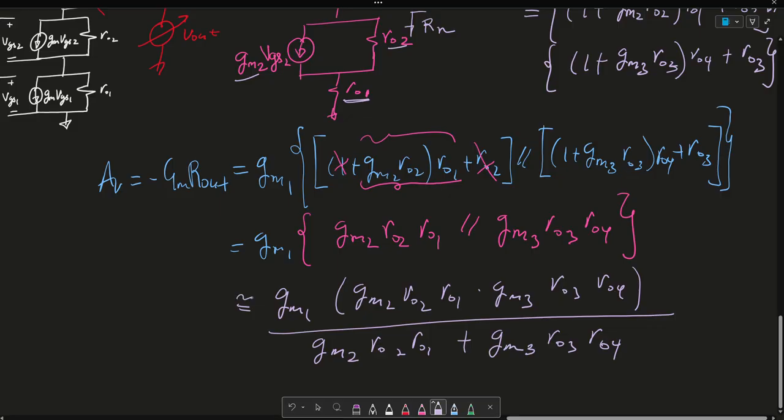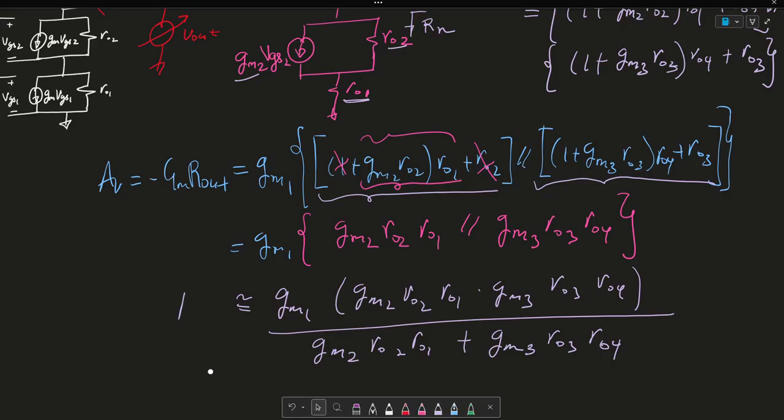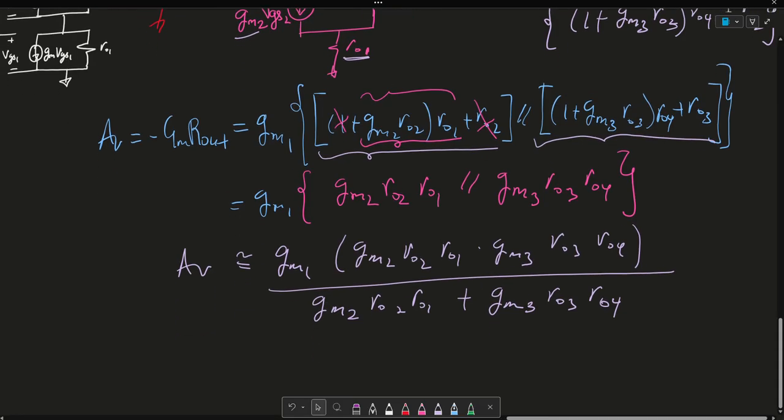So this is an estimation simply because of the work we did here and here. But essentially, you can see that this is my AV gain, and it's a lot higher or bigger than a simple AV gain of, I forgot to put the minus. So this is a minus here, here, and here.